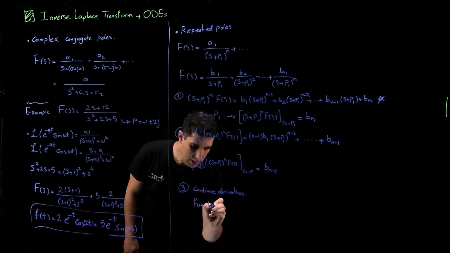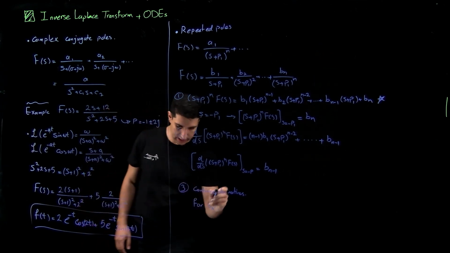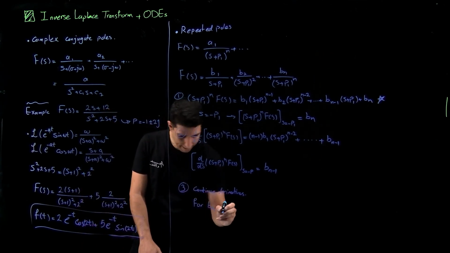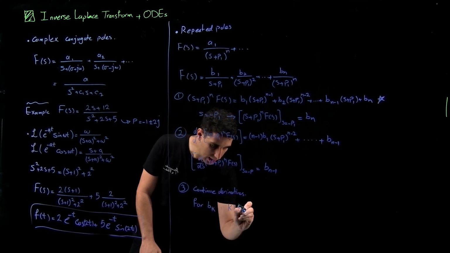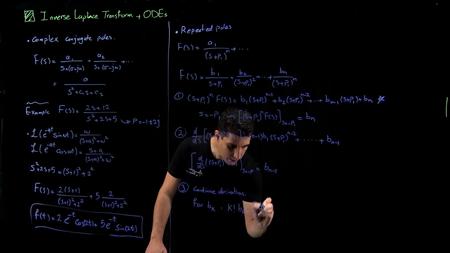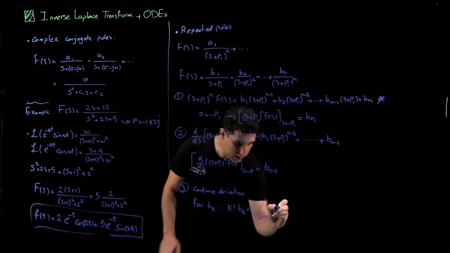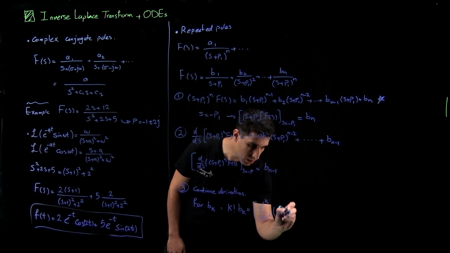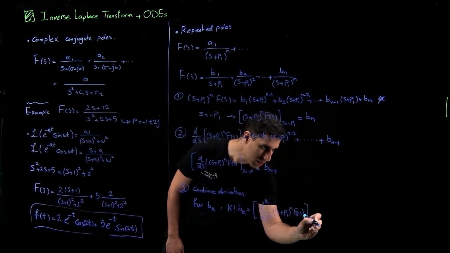For bk at some index k, k factorial times bk will be equal to the kth derivative, d^k over ds^k, of s plus p1 to the power n times f of s, evaluated at s equals minus p1.